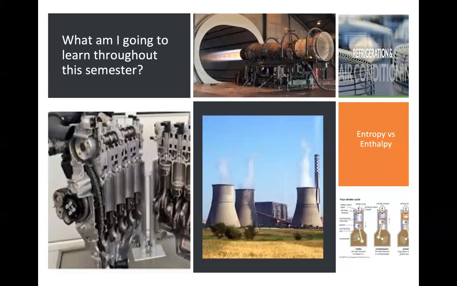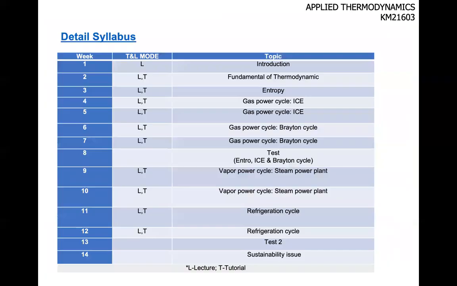Then we are going to learn about refrigeration and air conditioning. I'm not sure if your lecturer taught you the psychrometric chart. In this part, we are going to learn about that. That's also one of the important ones. Is that okay?